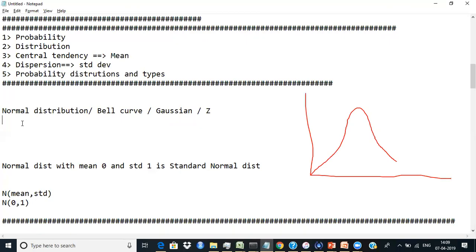Its sole purpose is, given a value of x, it tells you what is the probability that the variable will take that value. So basically, given a value of x, it tells you the y-axis. Make sense? So if I can get an equation of this line, if I put in x there, I'll get y, no?